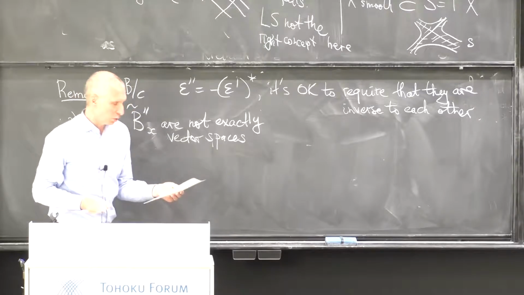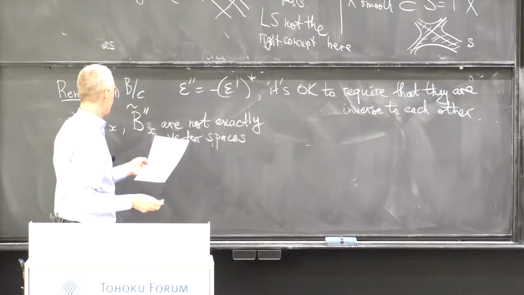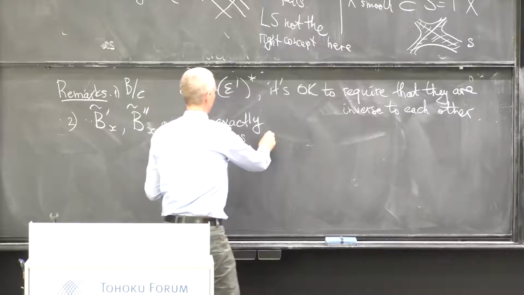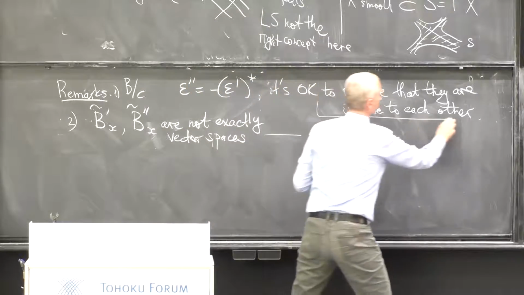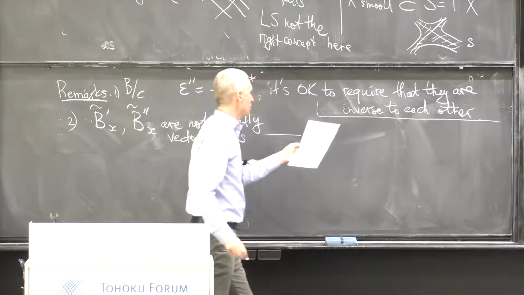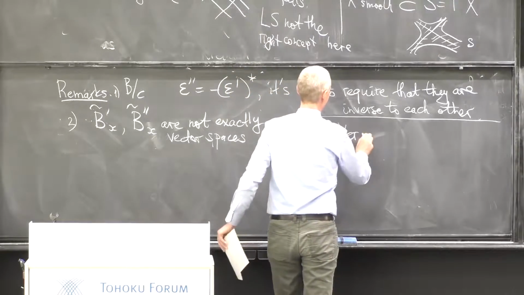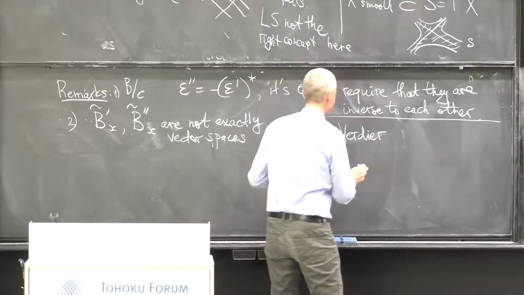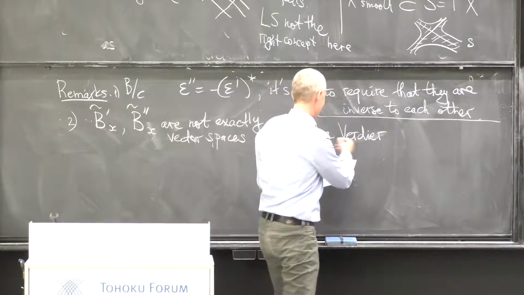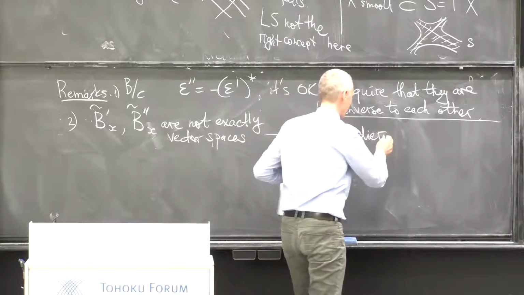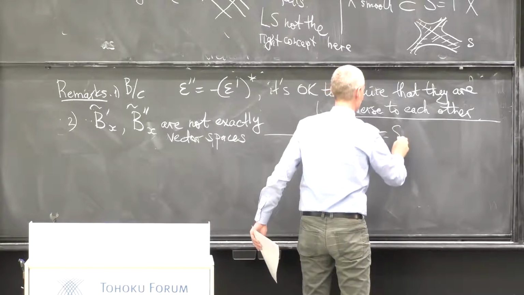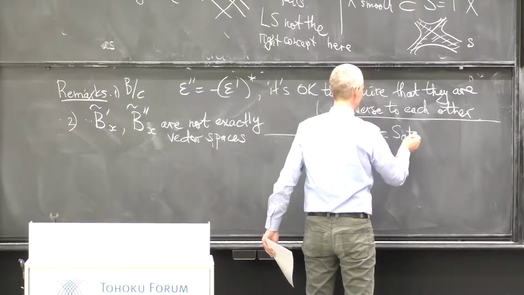Well, there are two ways of dealing with this. So one way is to use the Verdier specialization. Again, I'm not sure if Pierre will agree that Verdier is the right name here.